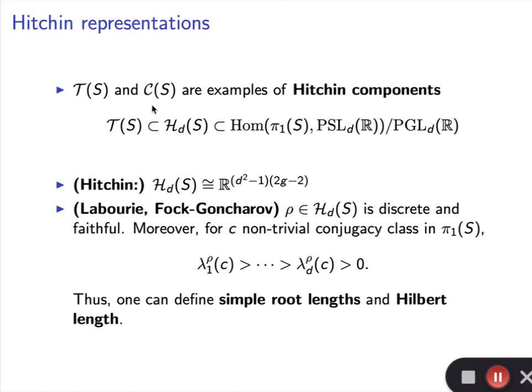And for every closed curve on the surface, the representation has distinct eigenvalues, so we can define notions of simple root lengths and Hilbert lengths. So these are the main examples of what are known as higher Teichmüller spaces.